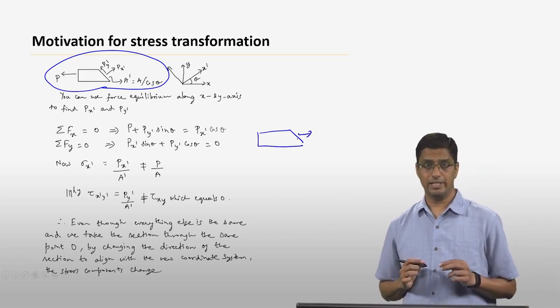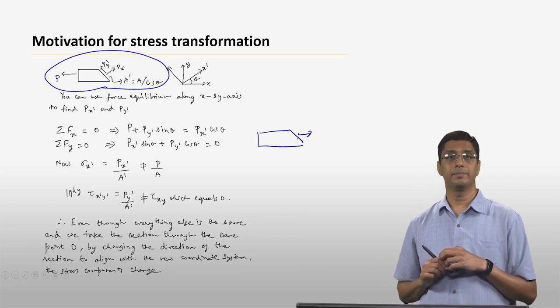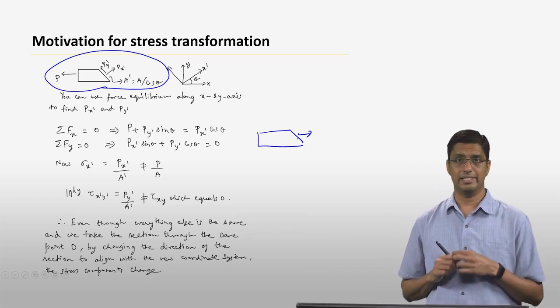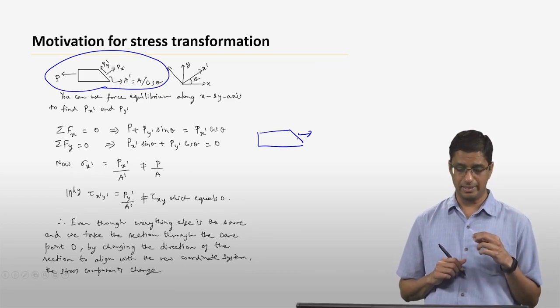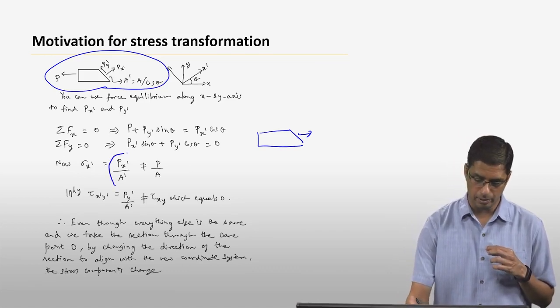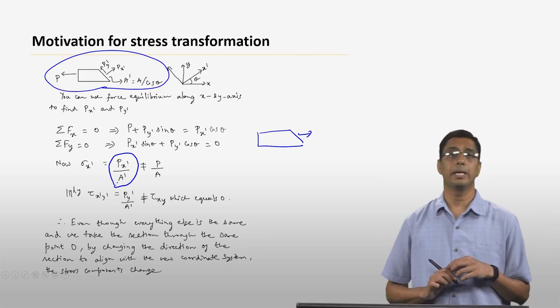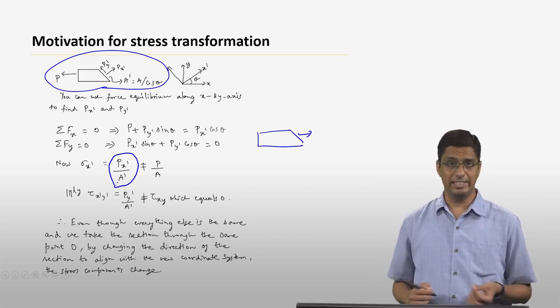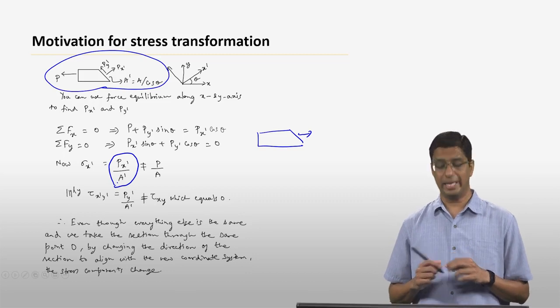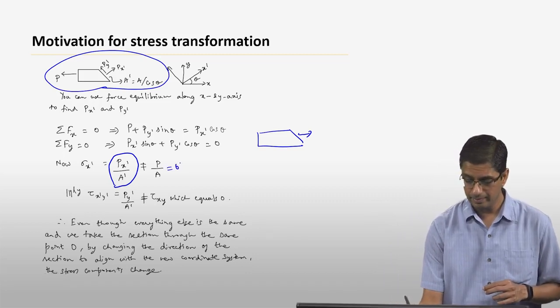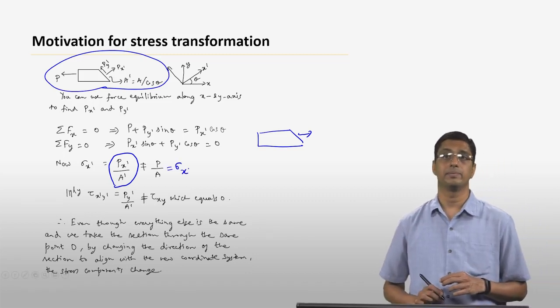Now, think about the normal stress on this cross section. The normal force in that cross section is px prime, and the area of that cross section is a prime. So the normal stress along the x prime direction is px prime over a prime. You can verify that px prime over a prime is not equal to p over a, which was the sigma x that we found in the previous case.